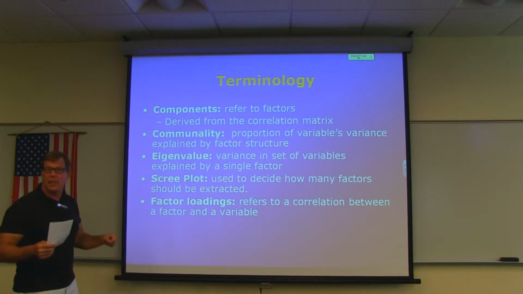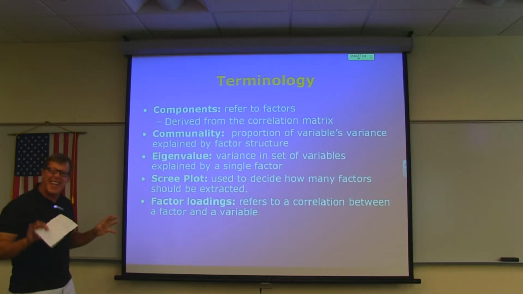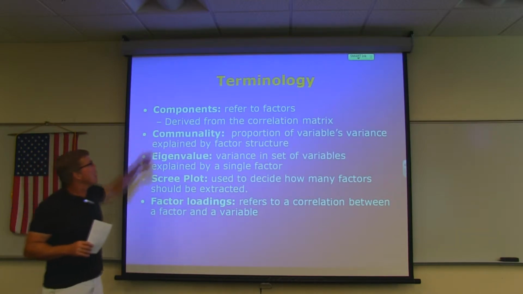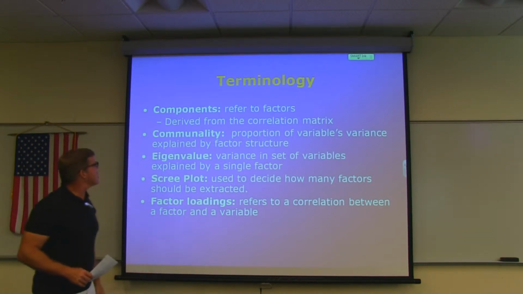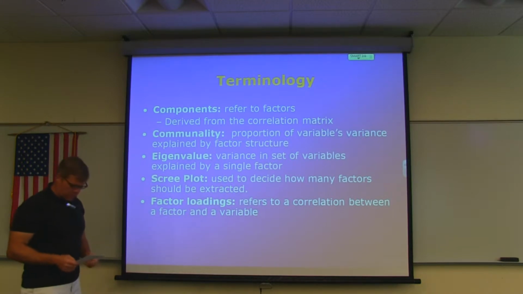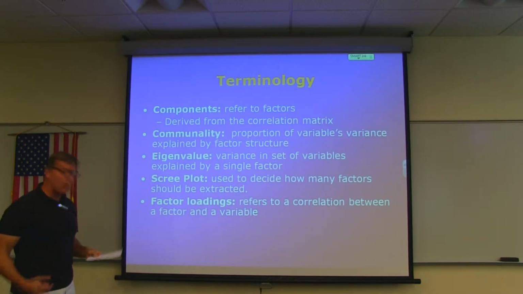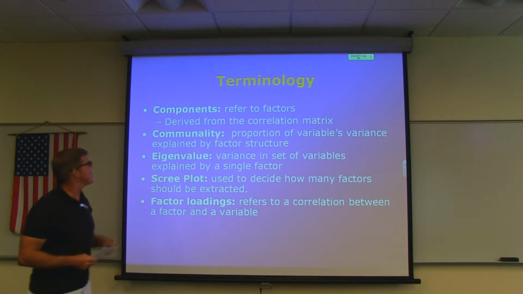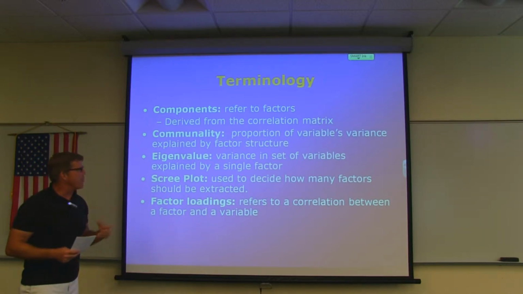So like I said, you're going to see a lot of R and R squared types of definitions here, so to speak. The proportion of the variable's variance explained by the factor structure. This is also considered the reliability of a factor. And we know reliability relates to consistency of measurement. So it's the consistency of the factor.